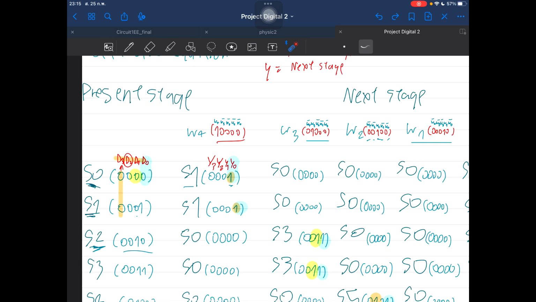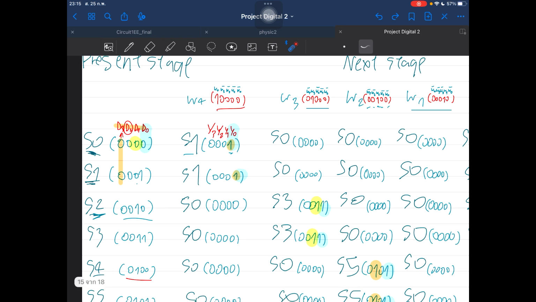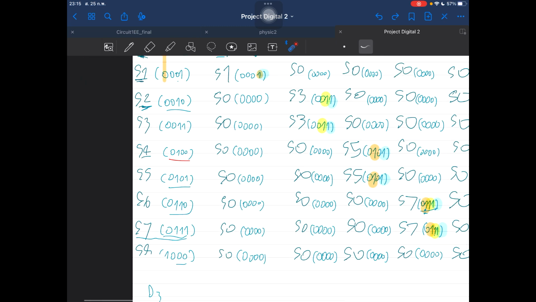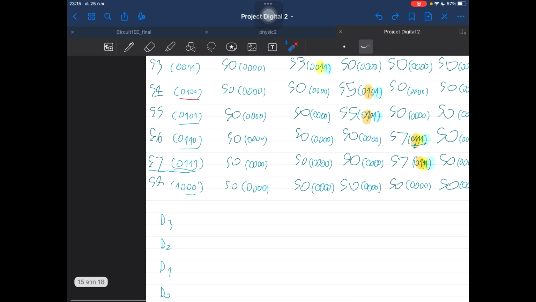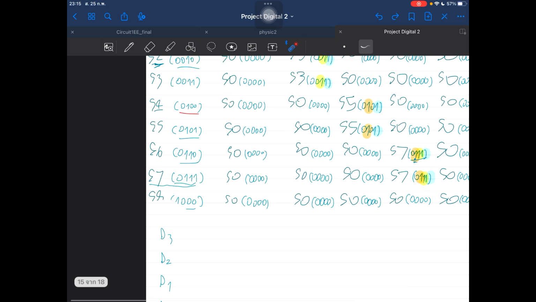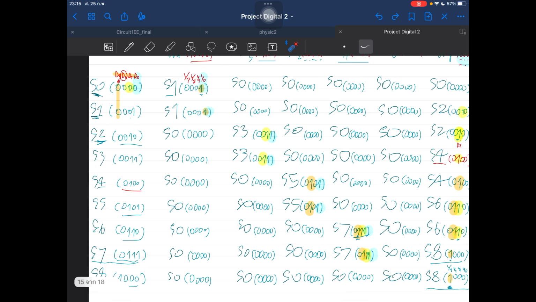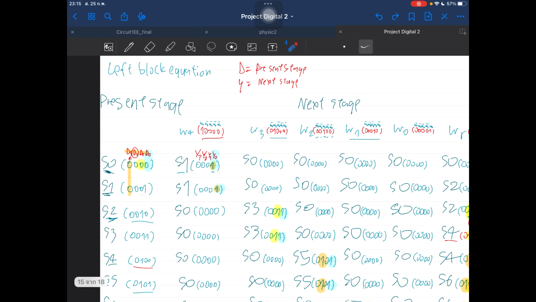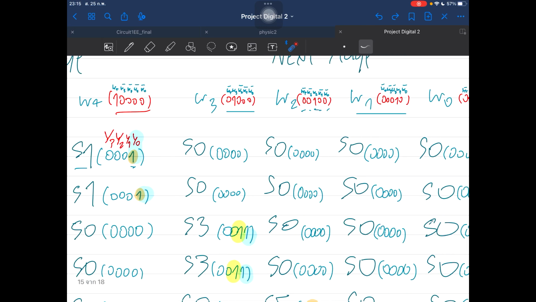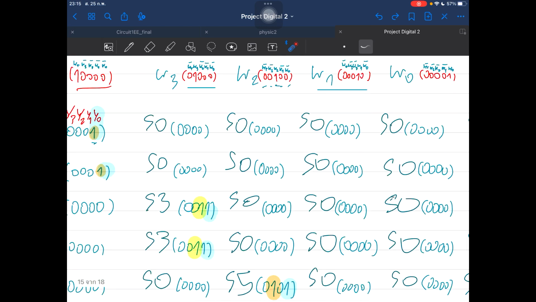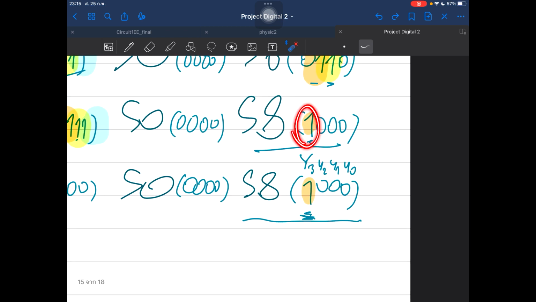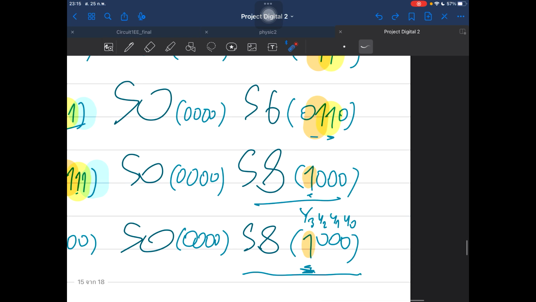Okay, then in the next state we look at the ones only. For example, D3: in D3, I look at the ones in the D3 line. Like this. This is D3 in the next state.